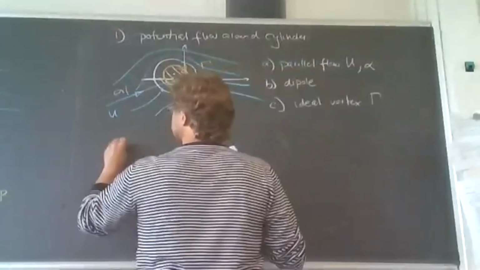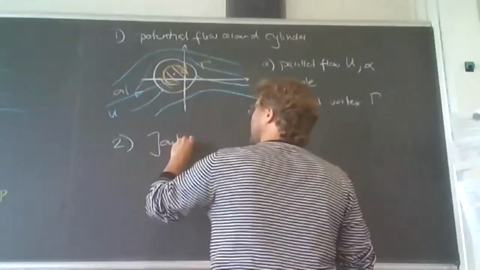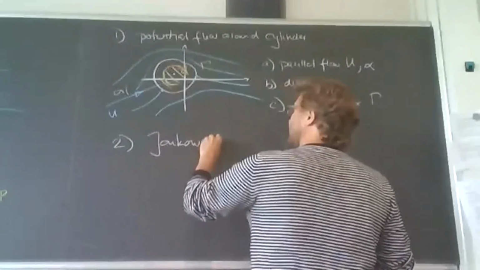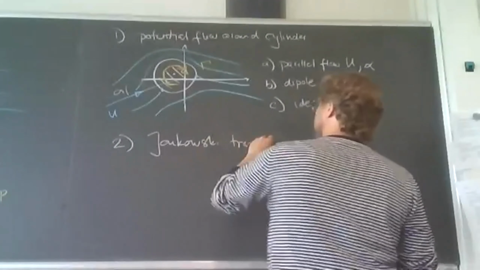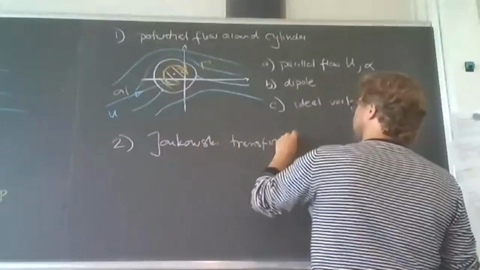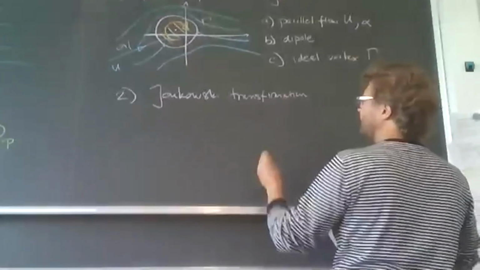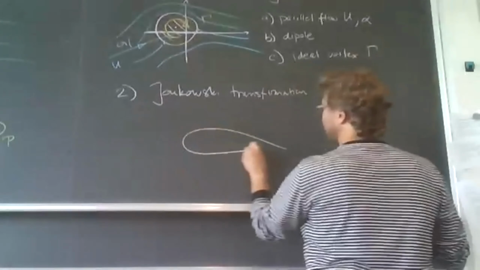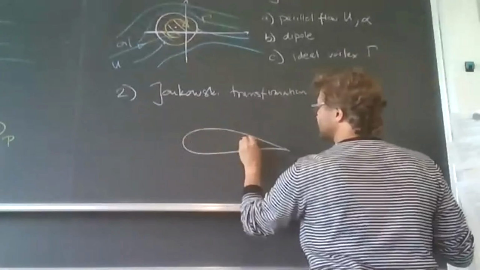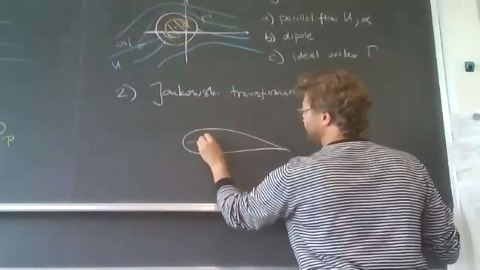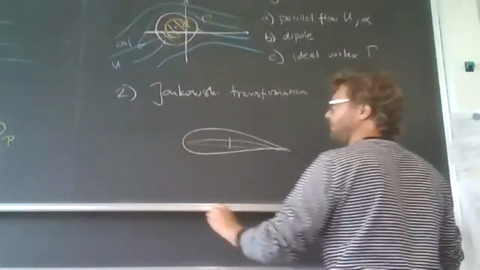And the second thing then is we do the Joukowsky transformation. And we obtain our airfoil with the desired bit of camber.